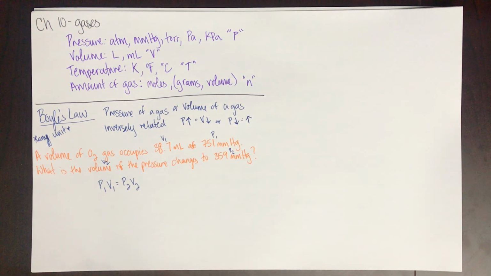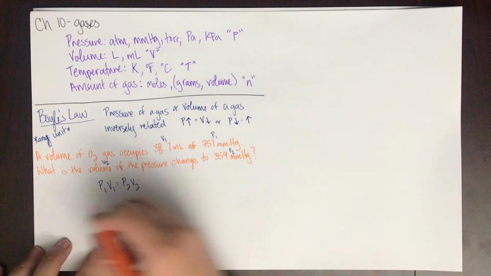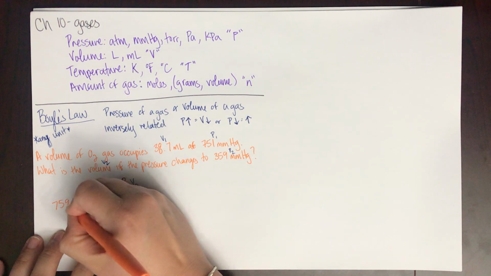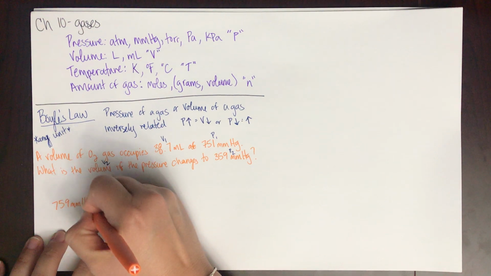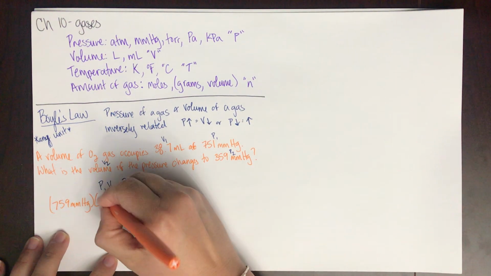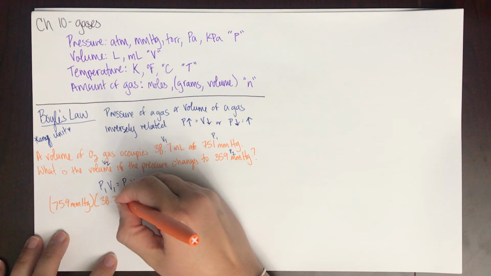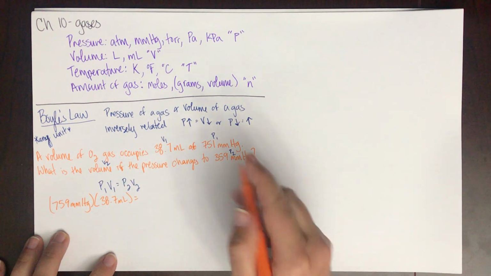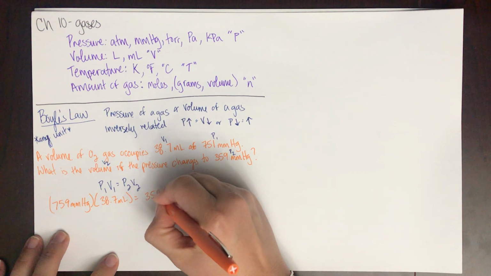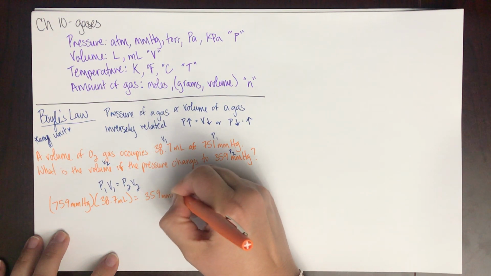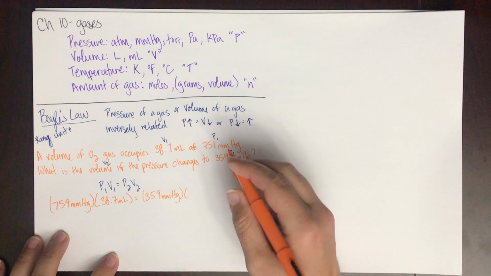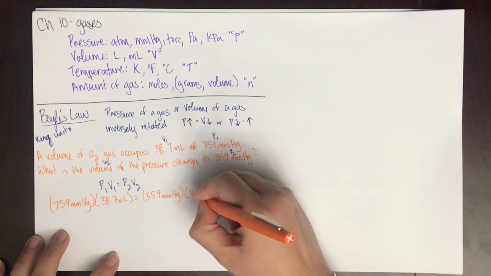So now we're just solving for V2. So I'm going to say 751 millimeters of mercury times 38.7 milliliters equals P2, 359 millimeters of mercury, times V2, which is what I'm solving for.